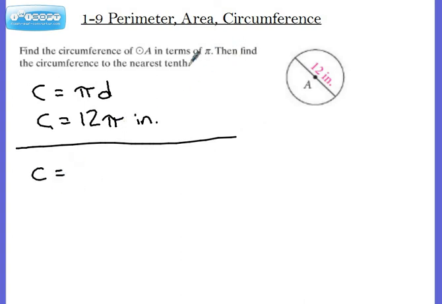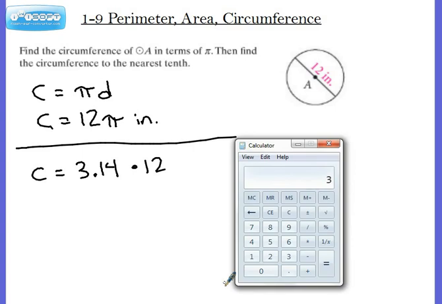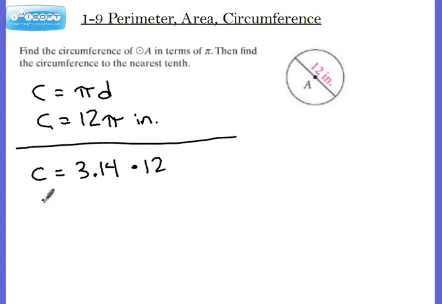If we want to approximate it to the nearest tenth, then it's going to be 3.14 for pi instead, times 12. And for the sake of time, I'm going to multiply these two together, and we get 37.68. Right, 37.68, yes.